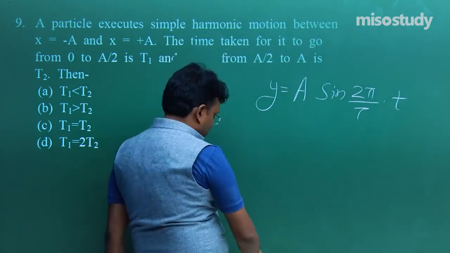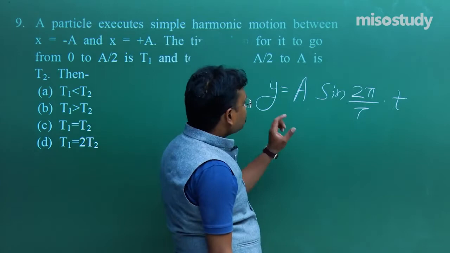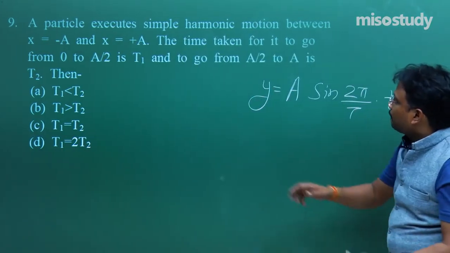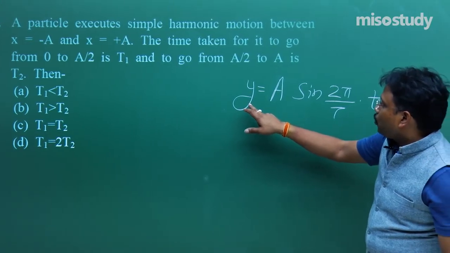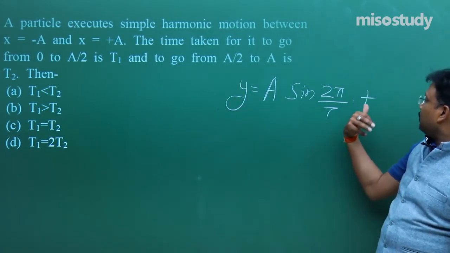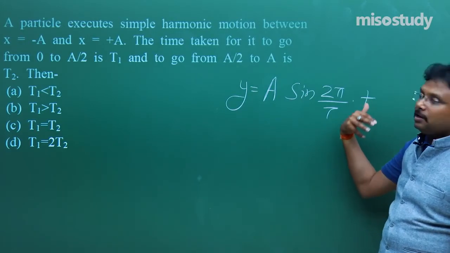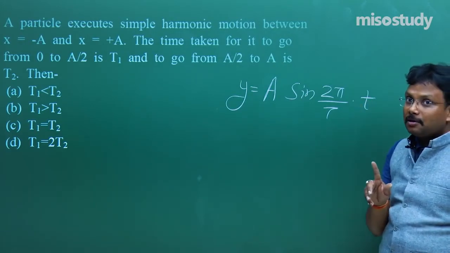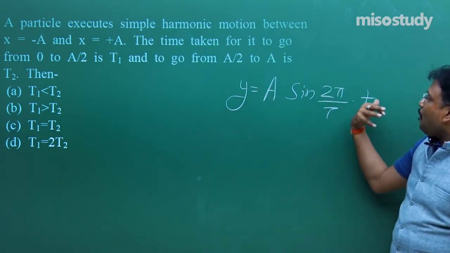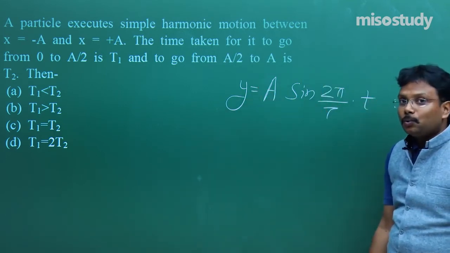Simple makeup, that's it. Now, just take a look over here. When y is equal to a by 2, this small t is t1. Imagine. When y is equal to a, this small t is t2.